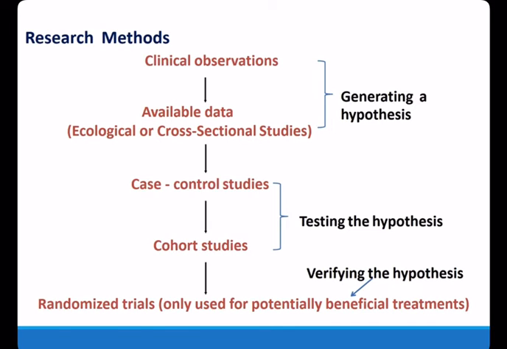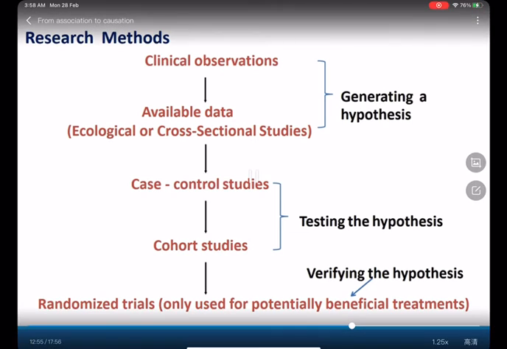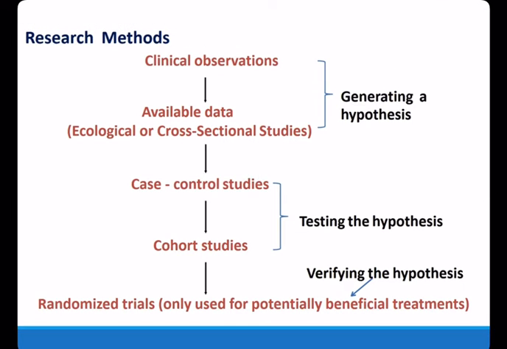First, we can use clinical observation or available data from ecological or cross-sectional studies to generate a hypothesis of the association. We then use case-control or cohort studies to test the hypothesis, and only the final step, a randomized clinical trial, will verify this hypothesis. Through these methods, we can to some extent make sure that the association is causal.